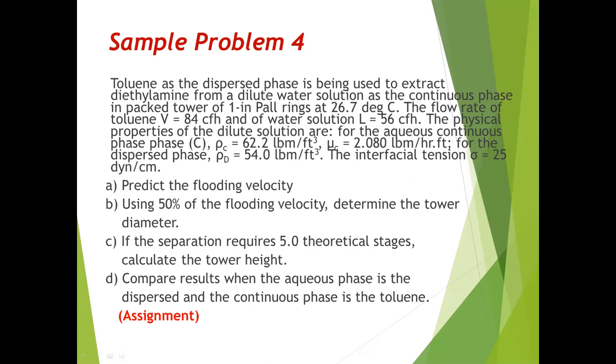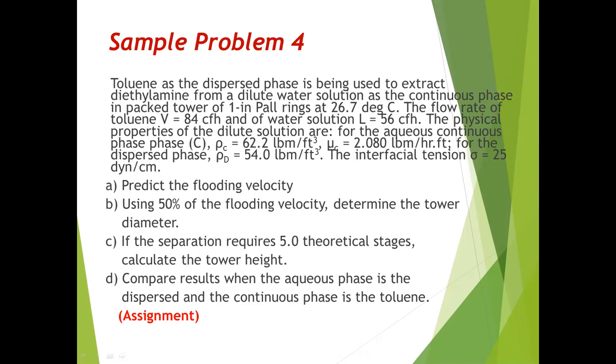Now it is to be processed in a packed tower having 1-inch Pall rings at 26.7 degrees Celsius. The flow rate of the toluene is 84 cubic feet per hour, and of the water solution is 56 cubic feet per hour.